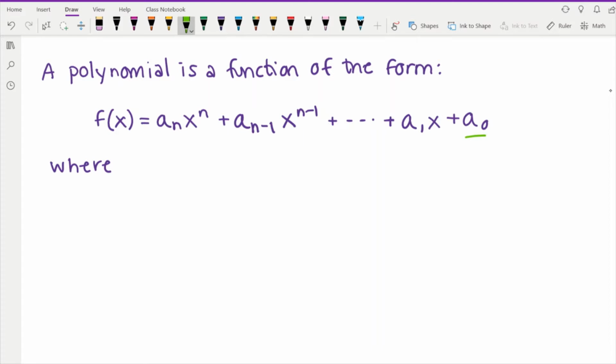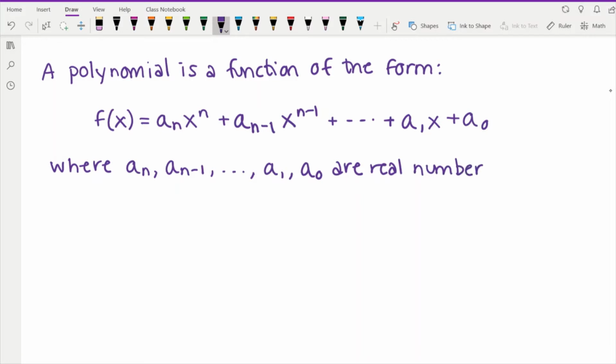So I'll write that down. an minus 1, a1, a0 are real numbers. And n, so n being this number here, is a positive whole number.